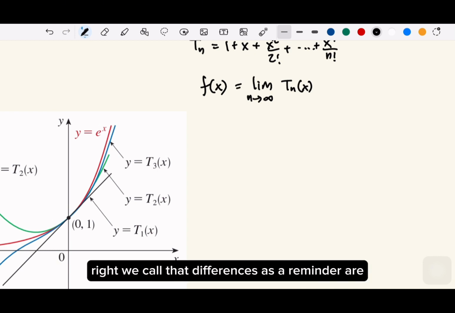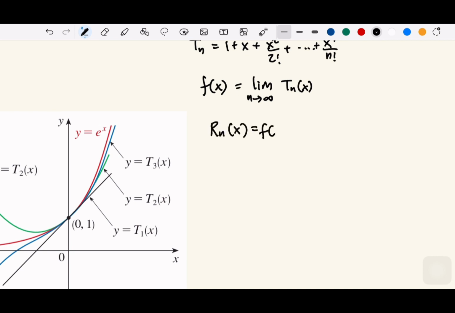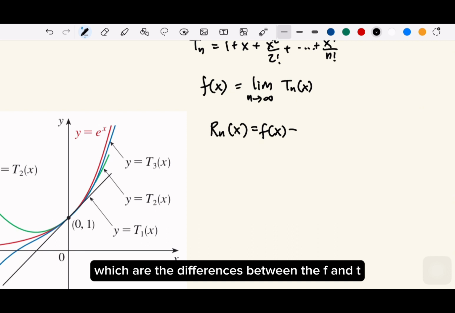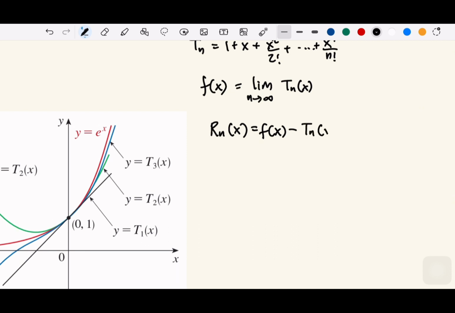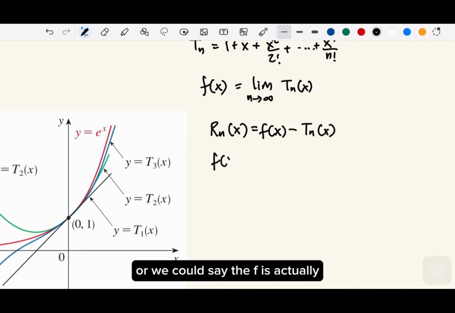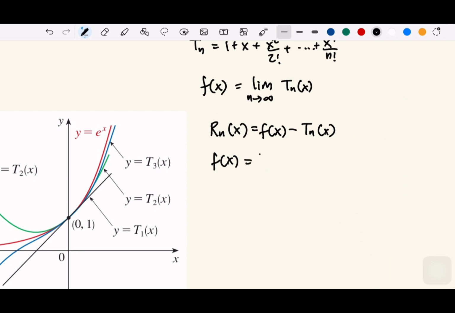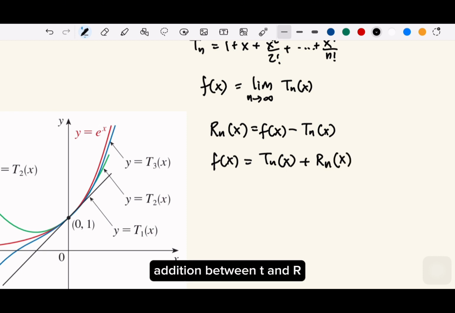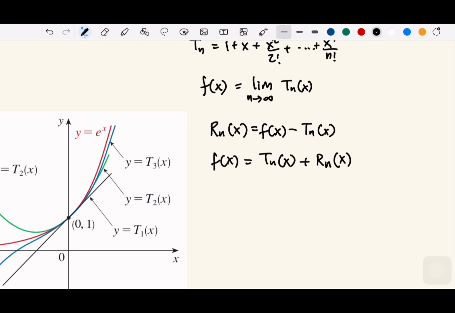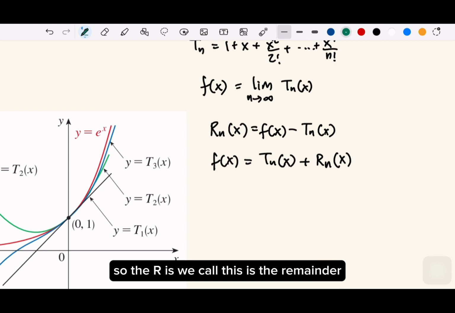We call that difference a remainder R, which is the difference between f and T. Or we could say f is actually the addition of T and R. So the R, we call this the remainder.